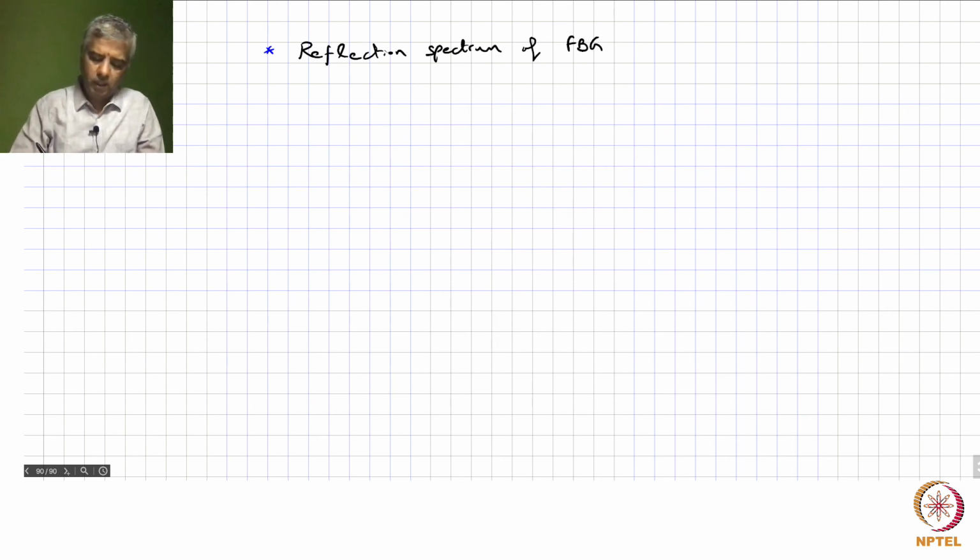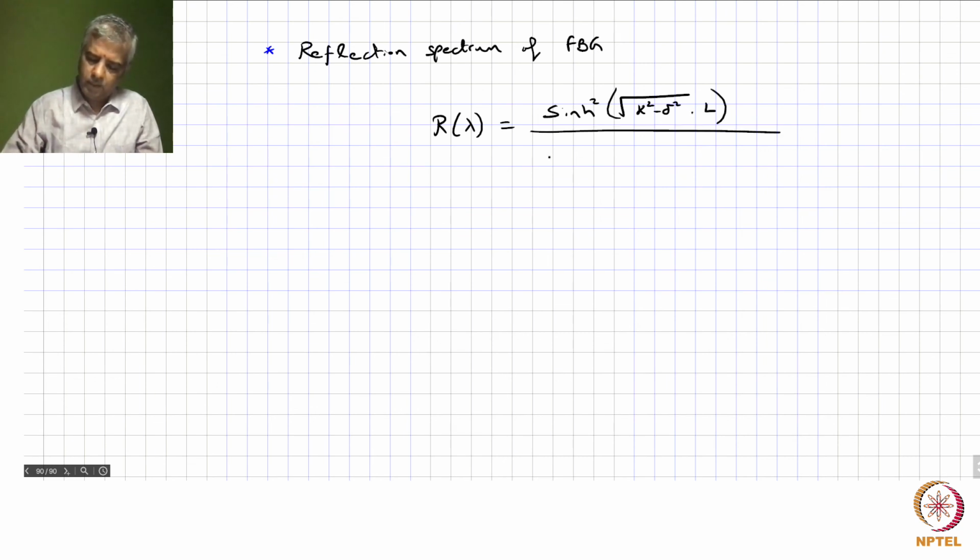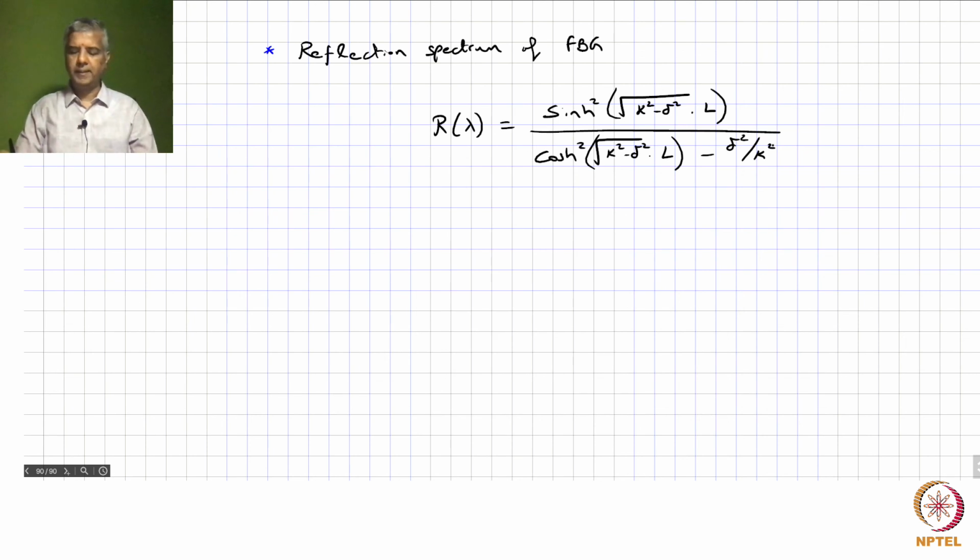Of course, we previously saw that the reflection spectrum is given by sinh square root of kappa square minus delta square multiplied by L, divided by cosh square root of kappa square minus delta square multiplied by L minus delta square over kappa square.